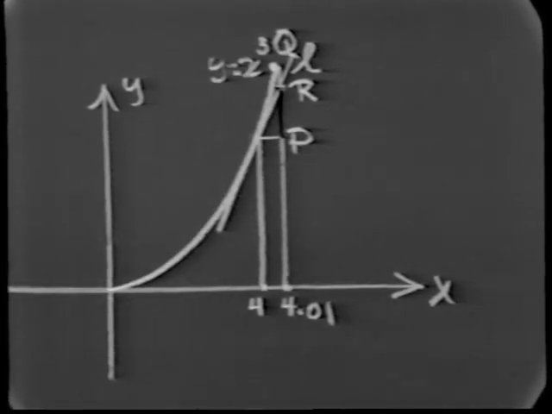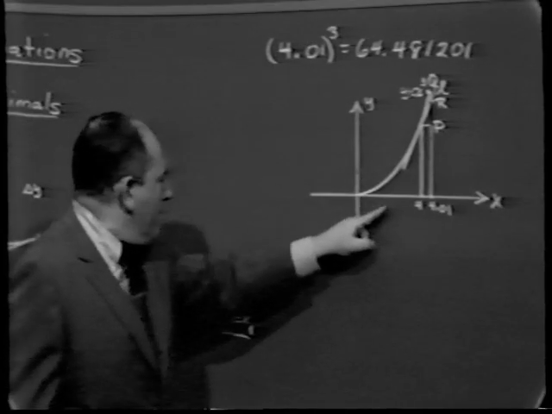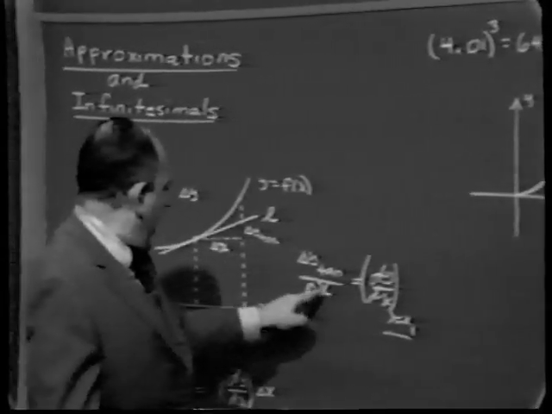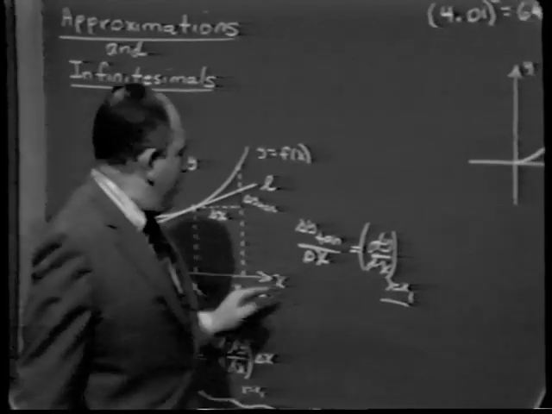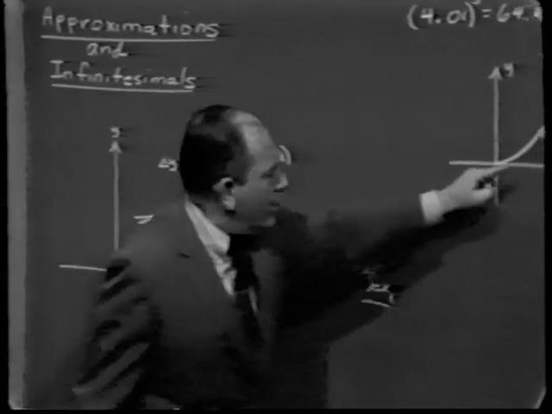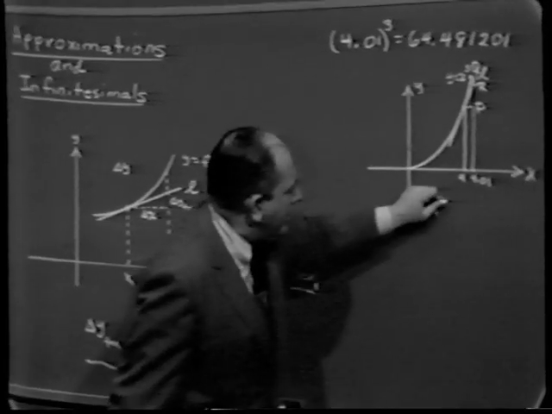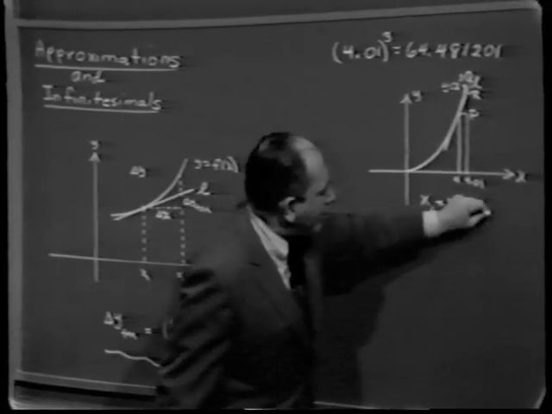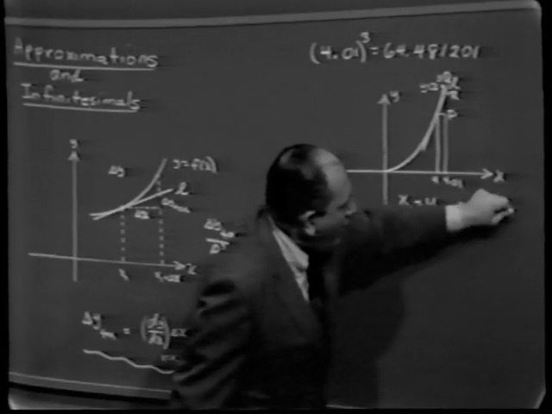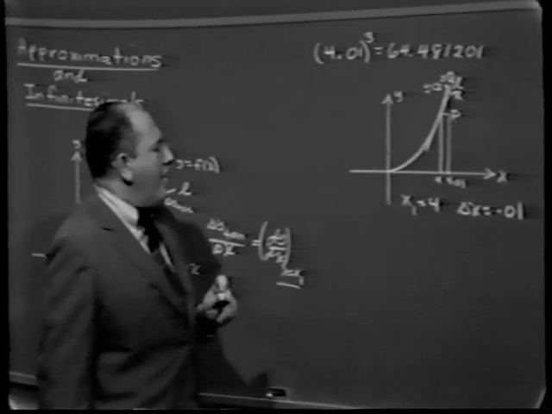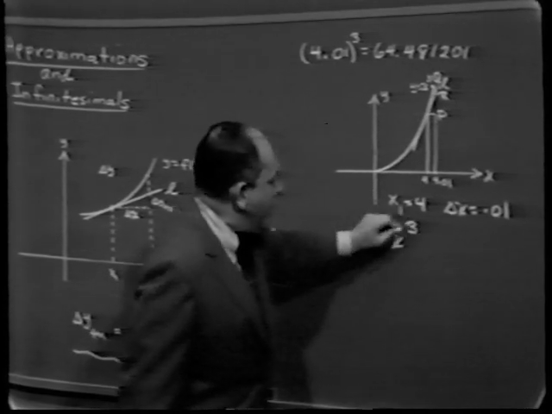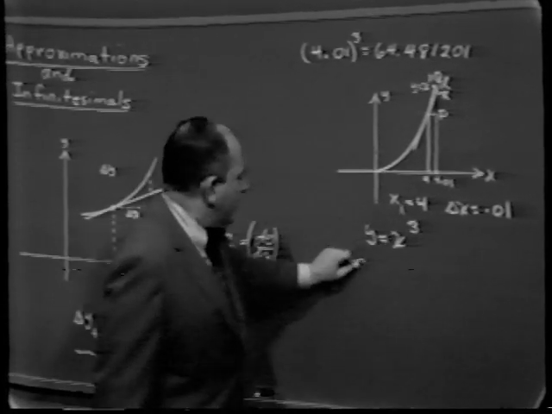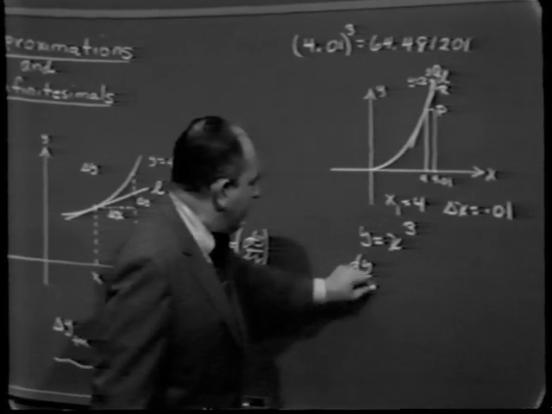In other words, what I am going to do is to work this same idea here with the special case. You see, I'm going to take x1 to equal 4 and delta x to be 0.01. Now you see, the curve is y equals x cubed. From this, I can compute dy dx rather quickly.